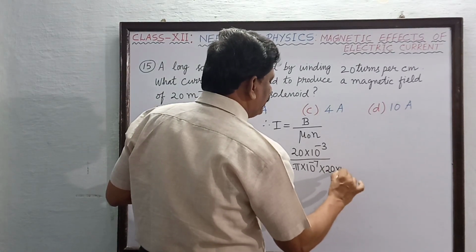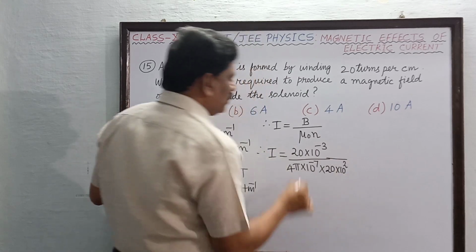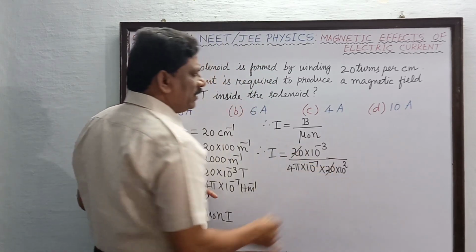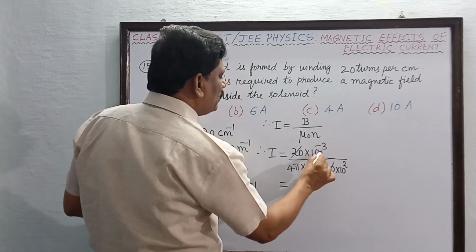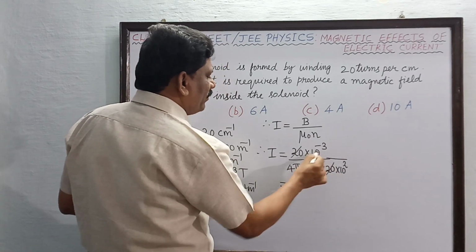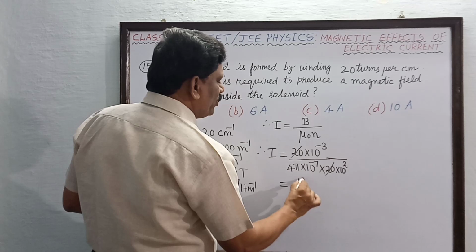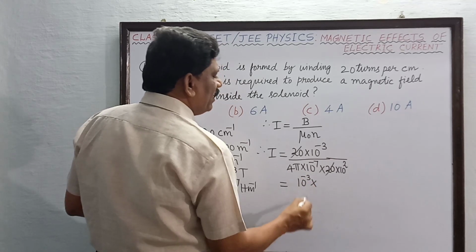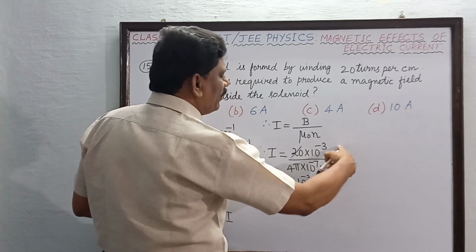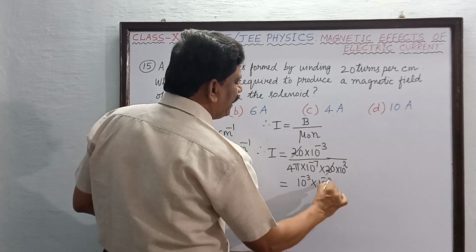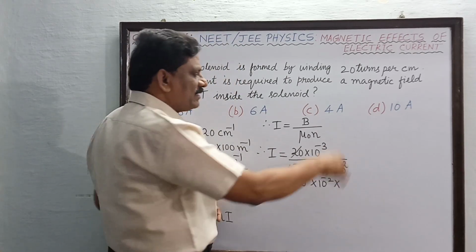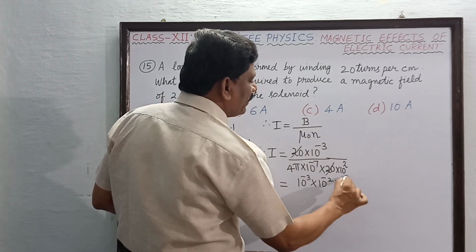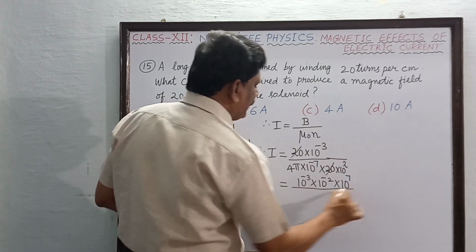So this 20 and this 20 can be cancelled. So the numerator is 10 power minus 3 into 10 power 2, which comes up as 10 power minus 2, and this 10 power minus 7 comes up as 10 power plus 7, whole divided by 4 pi.